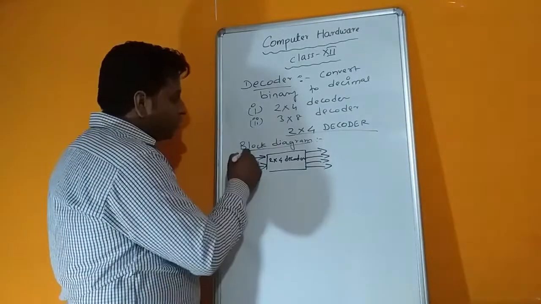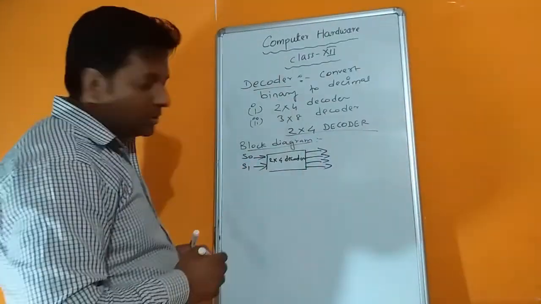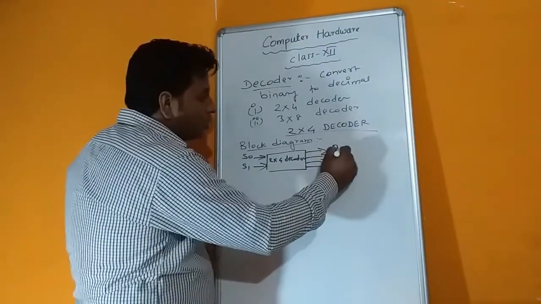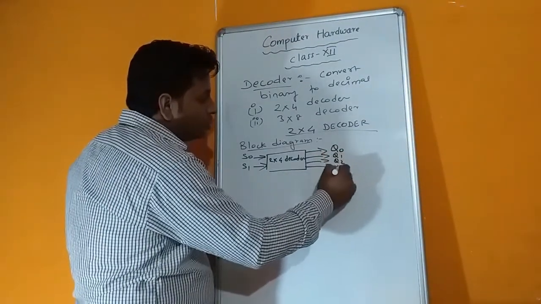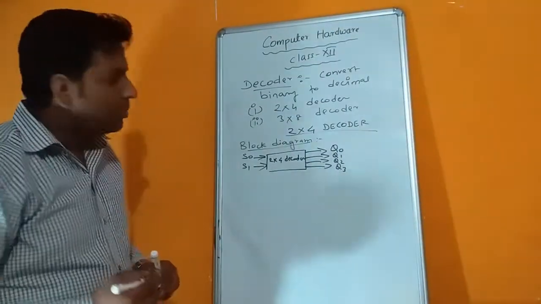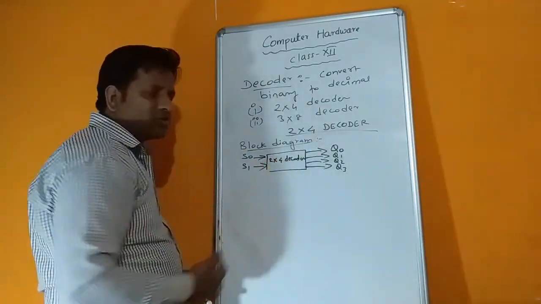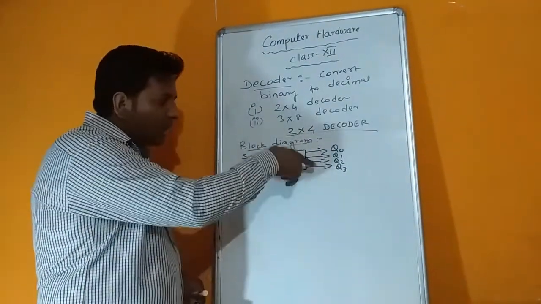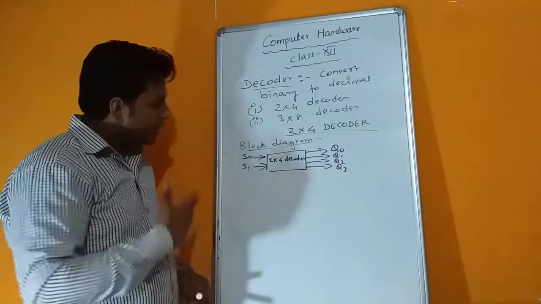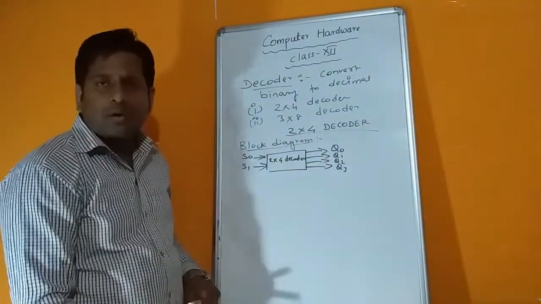Okay. 2 inputs let us take as S0 and S1, and 4 outputs let us take Q0, Q1, Q2 and Q3. Okay, this is the block diagram of 2x4 decoder. In case of 3x8, you just write 3x8 here, 3 inputs and 8 outputs will be there. You can begin with S0, S1, S2, Q0, 1, 2, 3, 4, 5, you can continue.